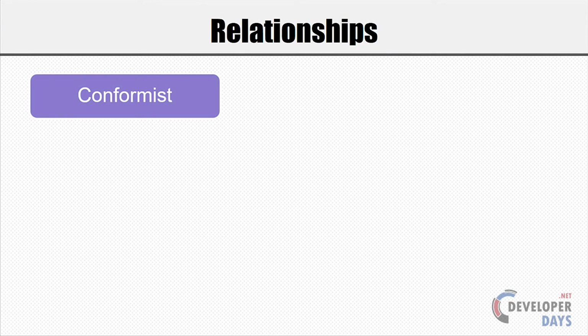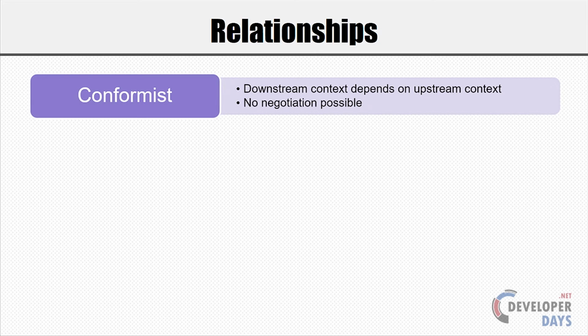Relationships. There are a few relationships between two bounded contexts. One is conformist, which says that for every relationship, for every bounded context, so you draw an arrow, the two endpoints of the arrow indicate the downstream or the upstream context. So who is the master? The upstream is the master, the downstream is the slave.